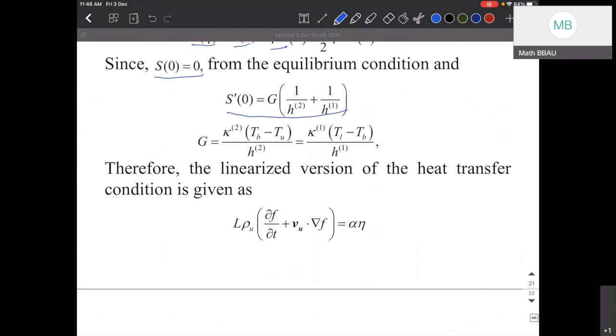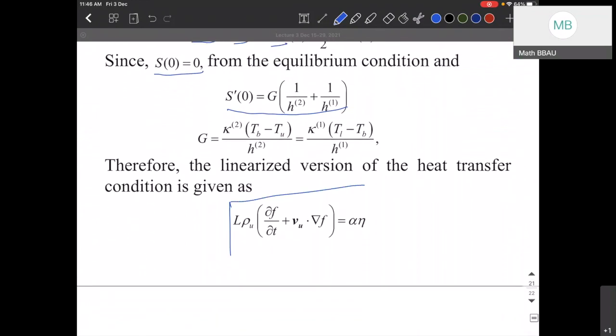We will get this equation in the linear form as rho L (rho U del F by del t plus V_U gradient F) alpha eta. Here, in case of potential flow, V_U can be written as gradient phi_U. So L rho_U (del F by del t plus gradient phi_U dot gradient F) alpha eta.